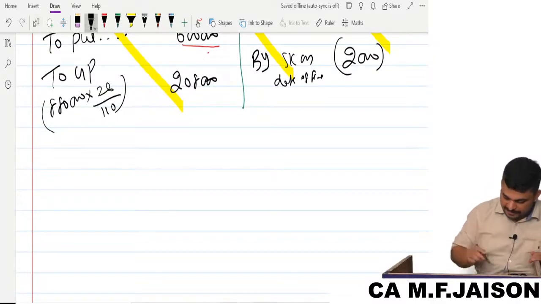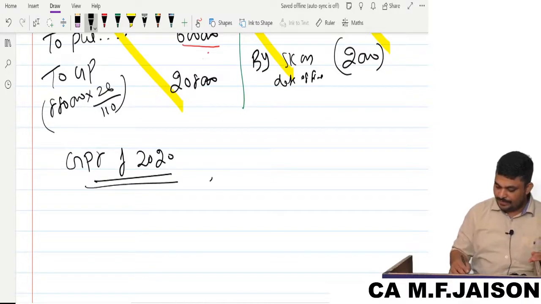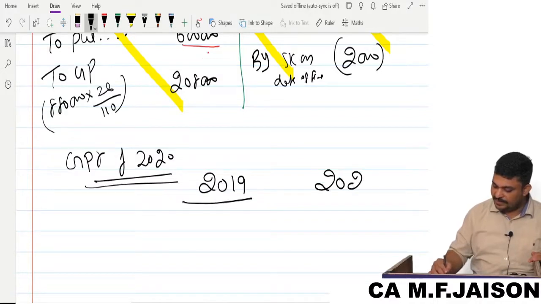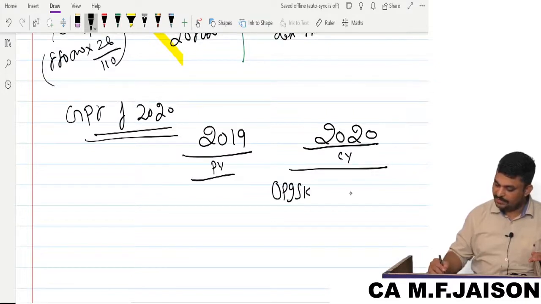So how do we find out the gross profit ratio of 2020? 2019 and 2020: this is the previous year and this is the current year. And one more item I write: opening stock, purchased goods.